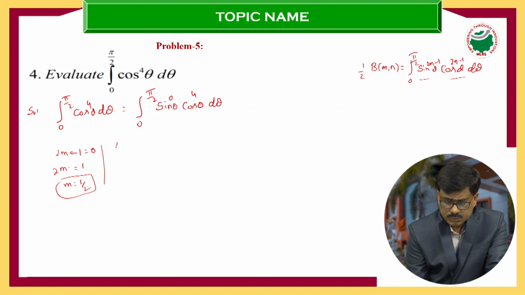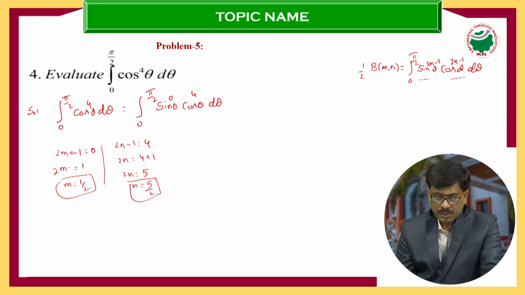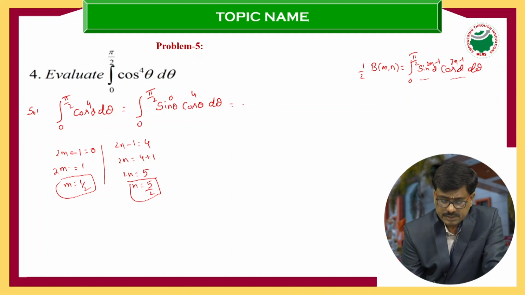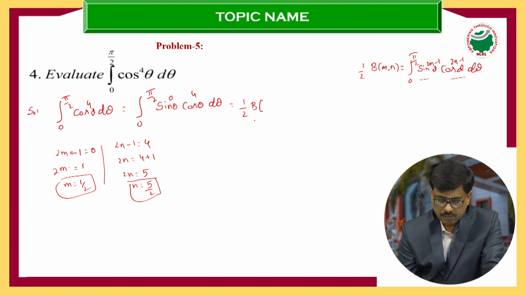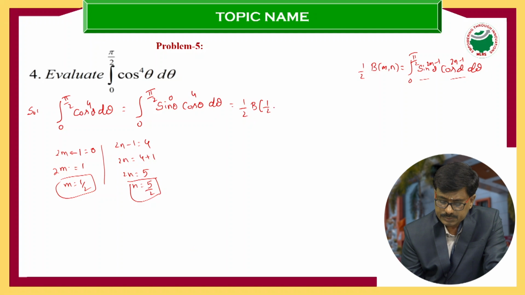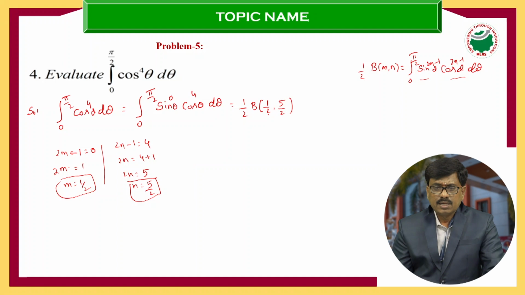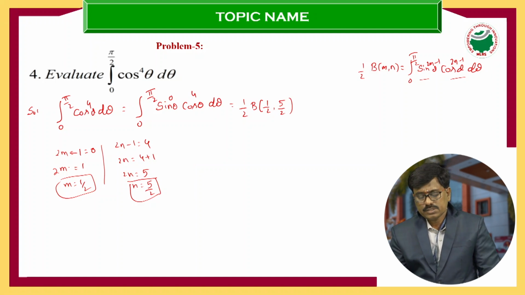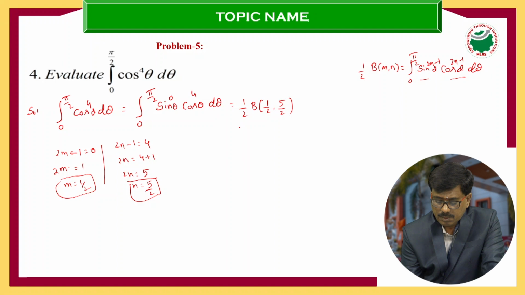Similarly, 2n minus 1 equal to 4, 2n is equal to 5, n equal to 5 by 2. We got the m as well as n value. Now I am converting this entire integral into 1 by 2 into beta of m, n, which is beta of 1 by 2, 5 by 2. Now I can express this integral first as beta, then further extend it into gamma functions.